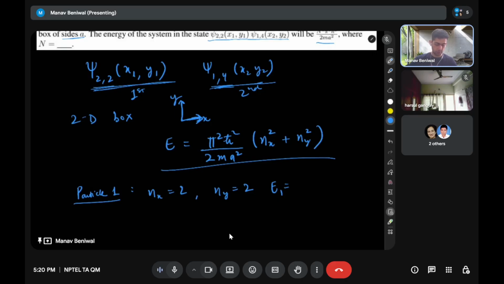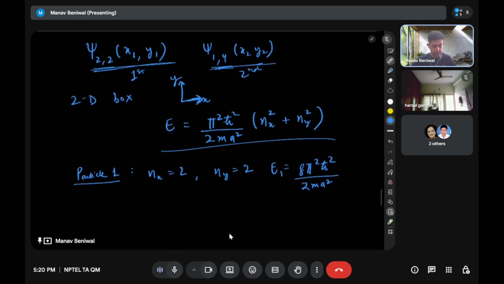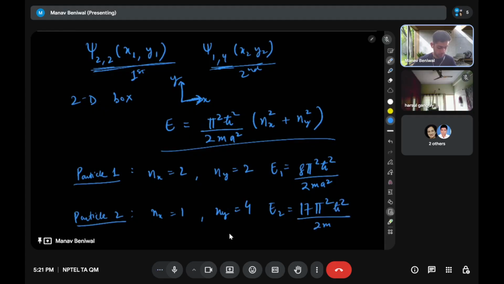So this will be 8 pi squared h cut squared over 2 m a squared. Similarly for particle 2, nx will be 1 and ny will be 4. So 1 squared is 1 and 4 squared is 16, so we'll have 17 pi squared h cut squared over 2 m a squared.